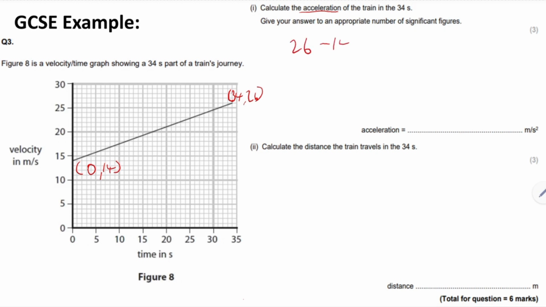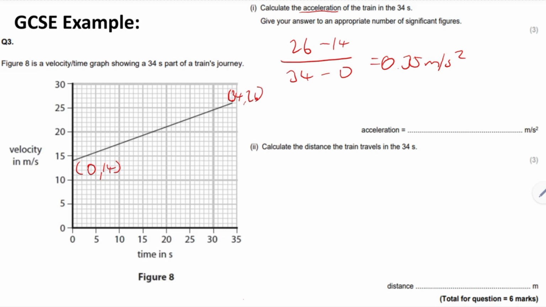So that's 26 minus 14, and that over 34 minus 0. And when we do that, we will get 0.35 meters per second squared. And that's part I done.